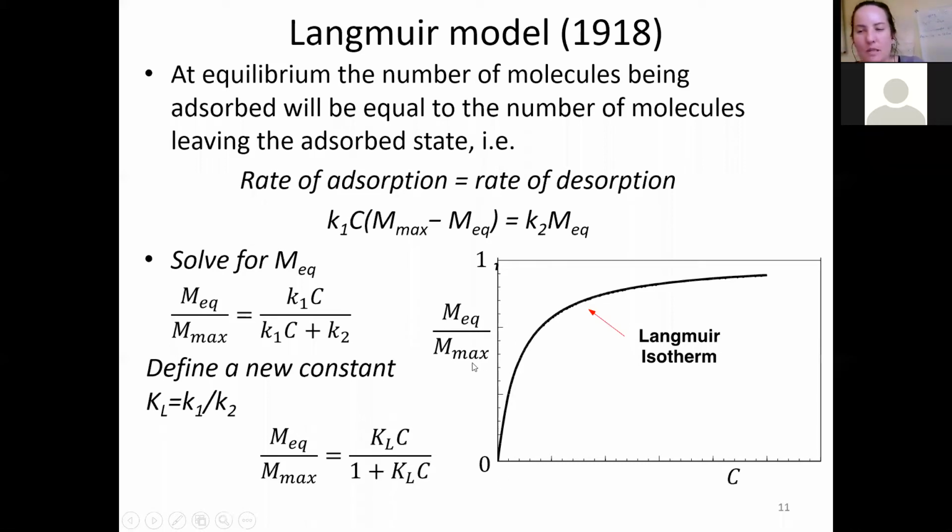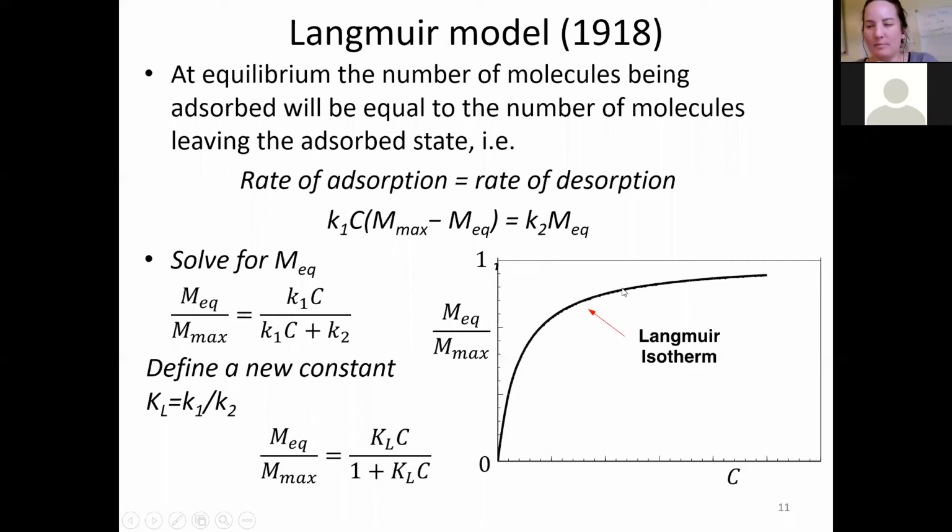This can be seen as follows. M max would be the total number of sites. Initially, if at equilibrium none of them are filled, we have a value of 0. When every single one of these sites is filled, then we would have a value of 1. So that's why on the y-axis, this value varies from 0 to 1. And this changes with increasing the concentration. You'll see it's not linear, but initially it increases much more rapidly.